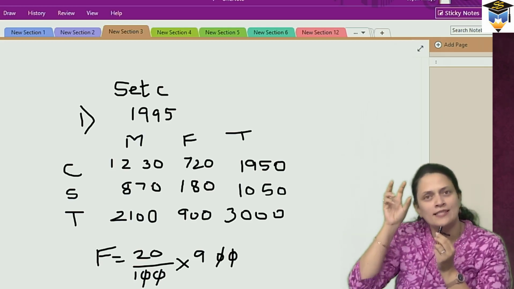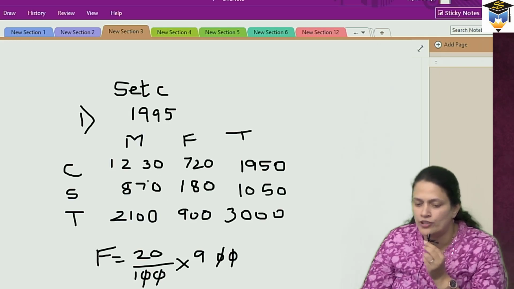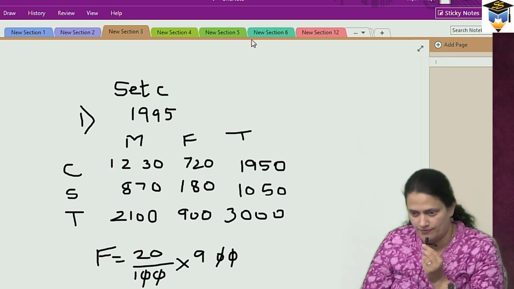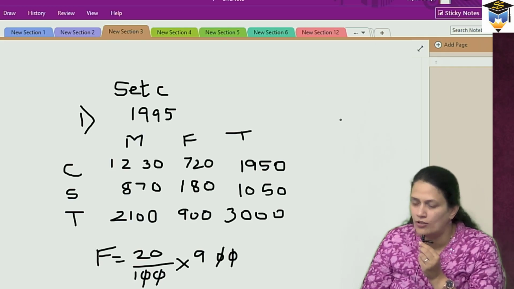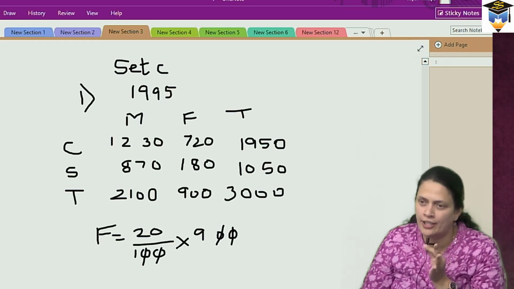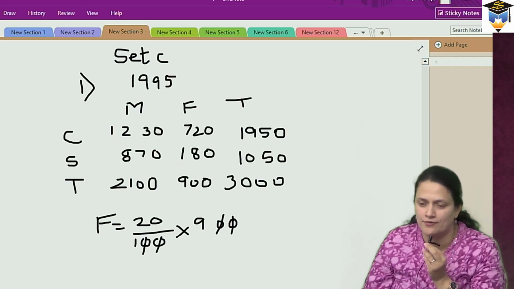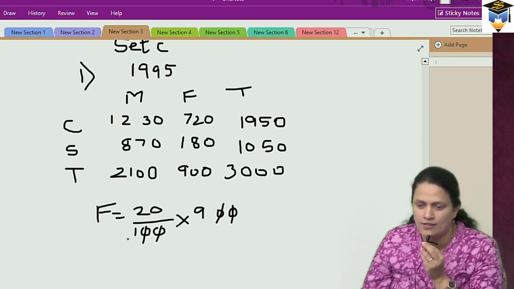Now form the same type of table from the given information and fill in the blanks for the year 2000. So this part all of you are going to do. I have shown you first 1995 how to fill in the blanks. Now do it for the year 2000. Same table you have to draw.